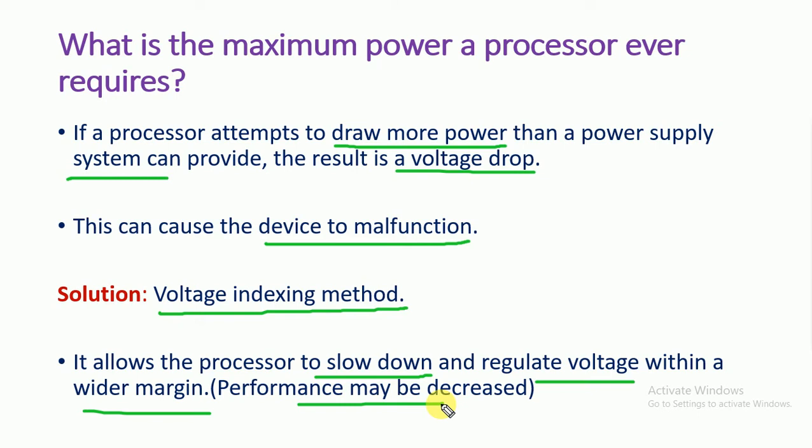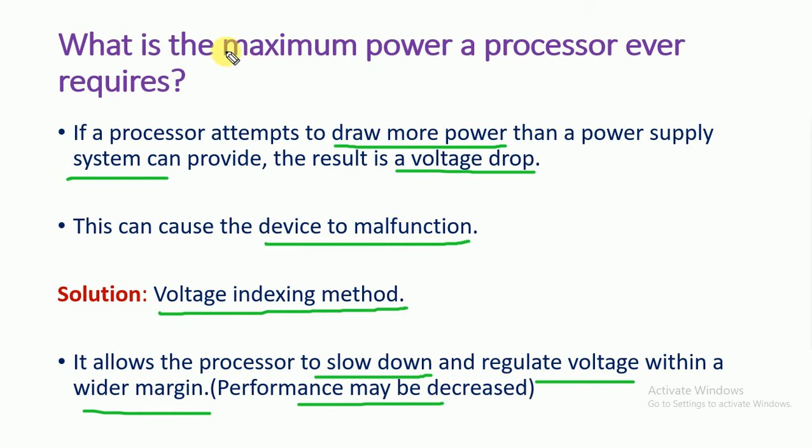That is why, sometimes when our system gets more heat, we can see that our system performance will be affected. That is because of the slowdown of the processor due to the over power consumption. So we should have a provision.